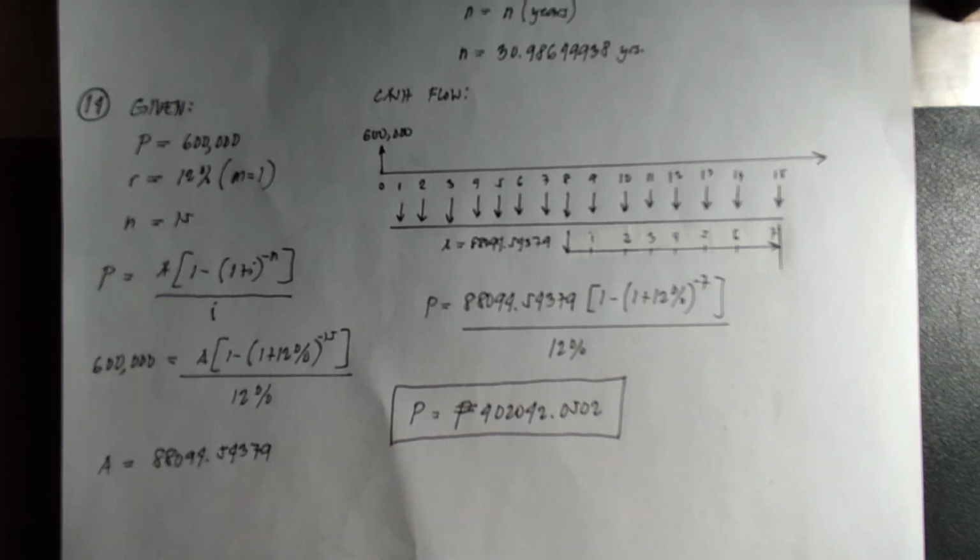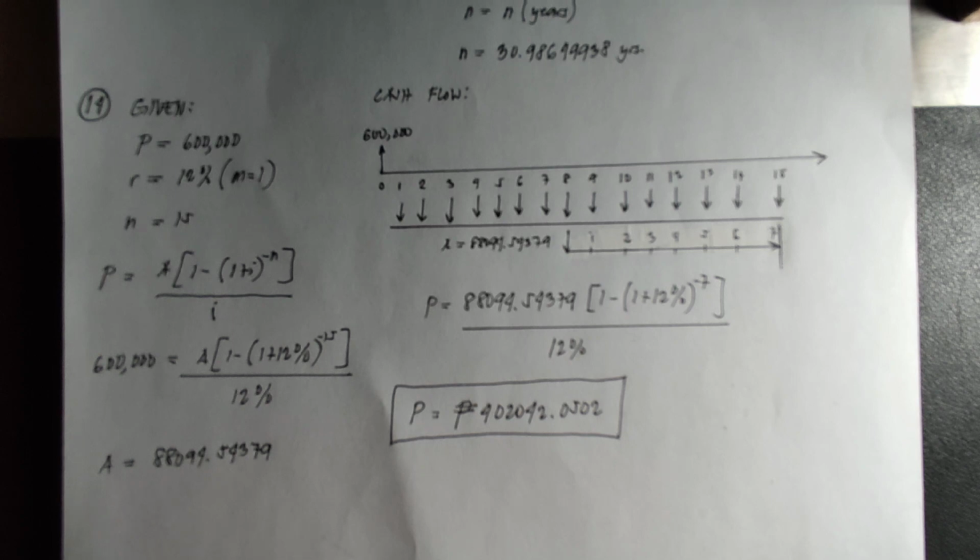Since the principal is already given, and r is equal to 12%, when m is equal to 1, then n is equal to 15. So to find A, we will use P is equal to A multiplied to the quantity of 1 minus (1 plus i) raised to negative n all over i.